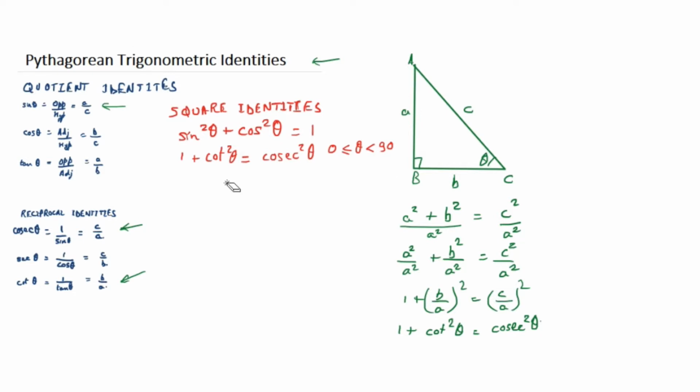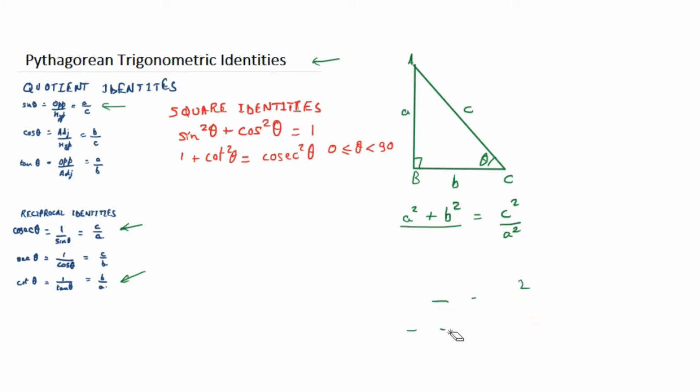And for the third identity, I'm going to again start with the Pythagorean theorem. But this time I'm not going to divide them by a square or c square. This time I'm going to divide them by b square.